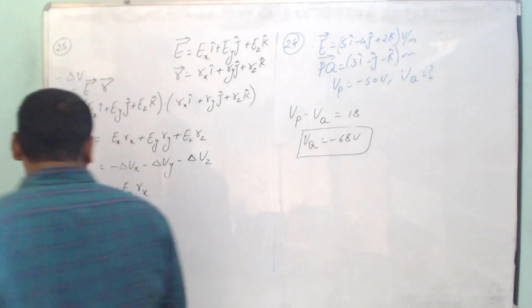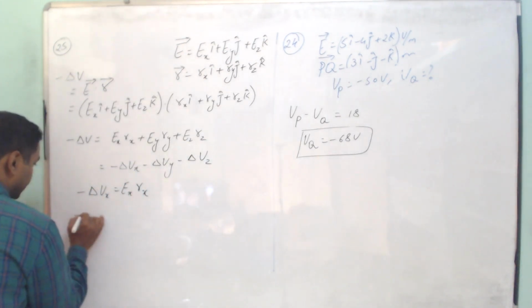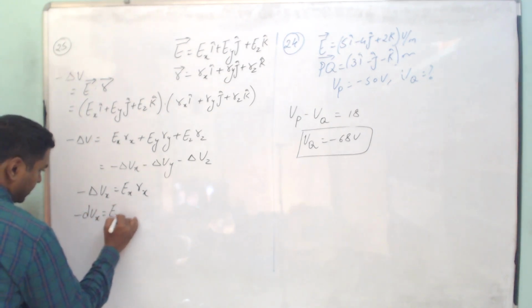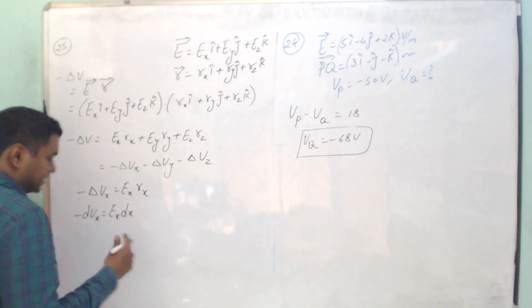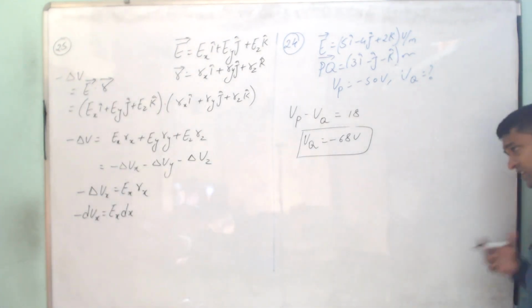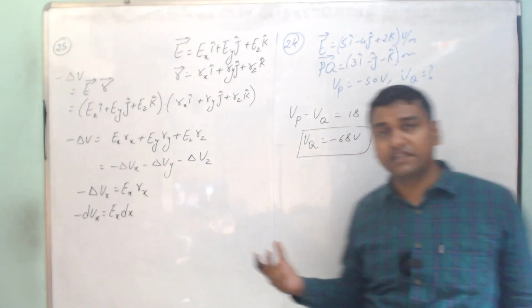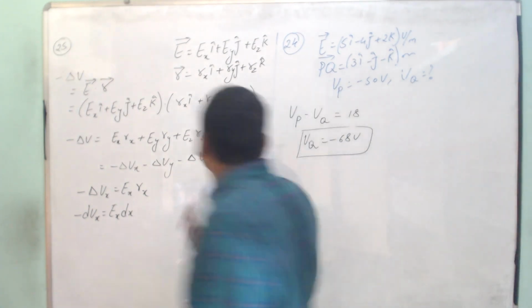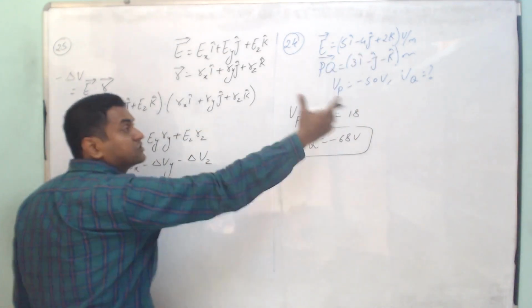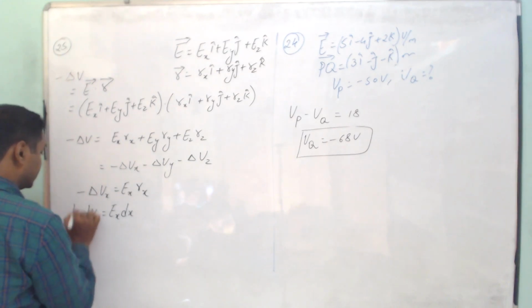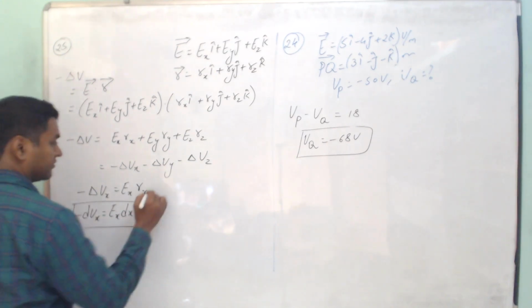So yes, sir. From here I can get it as minus dVx is equal to Ex. See that Rx I can write as dRx, or I can write it as dx also if calculus is involved. If calculus is not involved, for example in these situations, calculus was not involved, so it's okay. So either way we can figure it out.